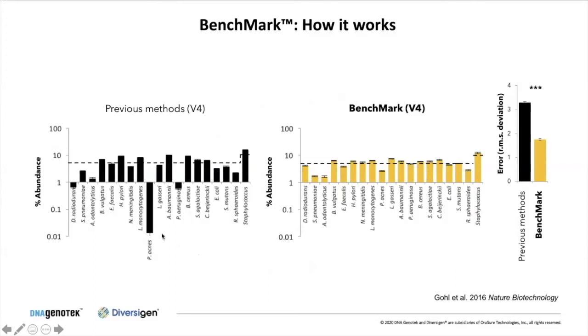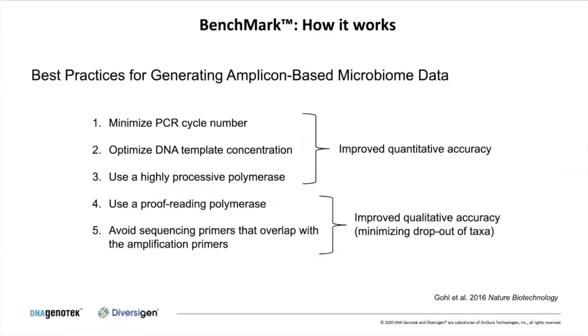This is a log scale, so with some of these existing methods, P. acnes is hundreds of fold underrepresented in this data set. And with some of the optimizations that we've introduced, we're actually able to rescue that dropout of P. acnes. I'll tell you a little bit more about how that works and how we did that.